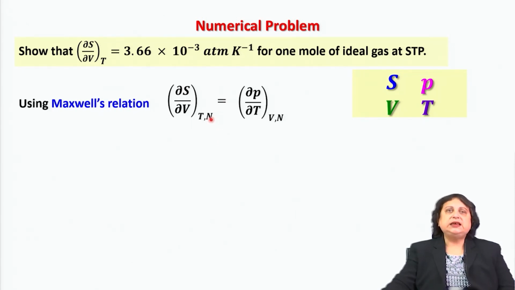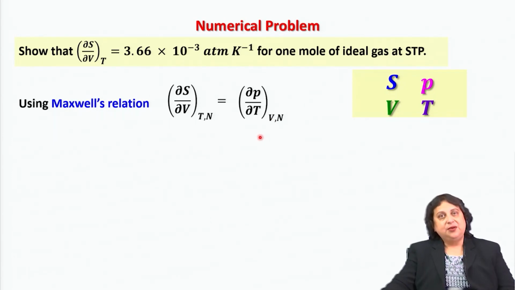So, now I see that the variation of entropy with respect to volume under isothermal condition in a closed system is given in terms of the variation of pressure with respect to temperature under isochoric condition in a closed system.